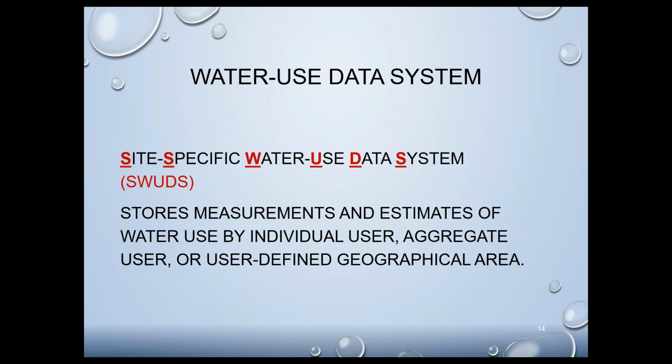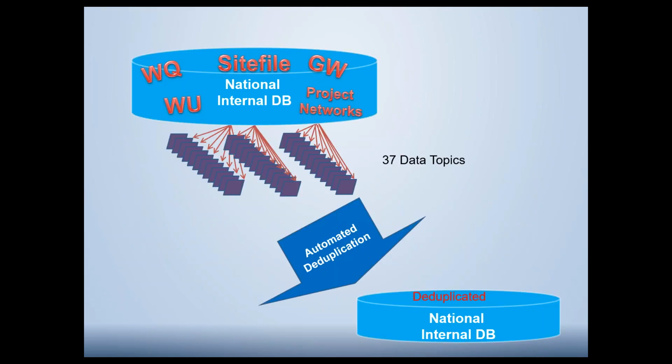AWUDS is the aggregated water use data system. It is a standalone application and does not relate to the SITEFILE like the rest of the NWIS does. Because it's an aggregated system, there's no one site associated with all the data under that site. This is what it looks like.